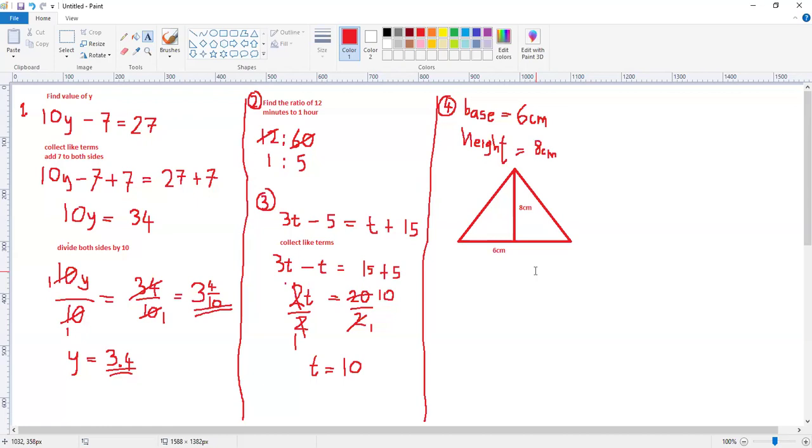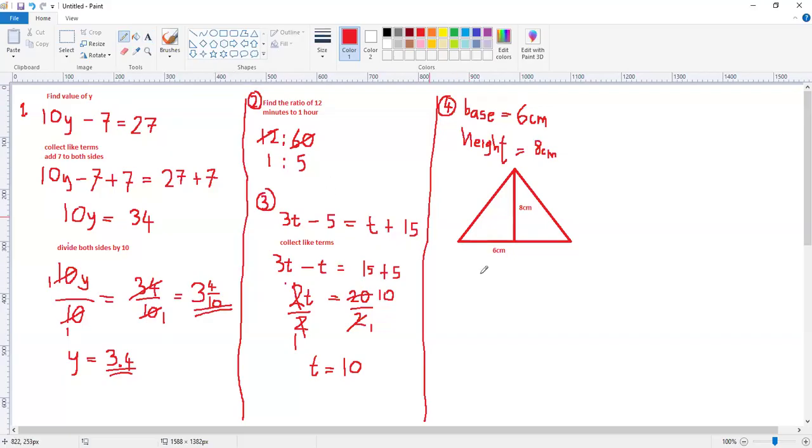So now the formula for finding the area of a triangle like this is half base times height, or you might see it in some books as base times height over 2. Does it ring a bell? You times the base and the height, and then you divide it by 2.